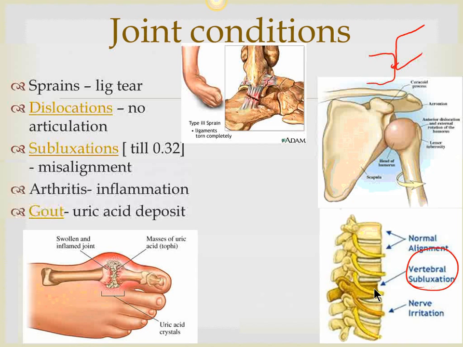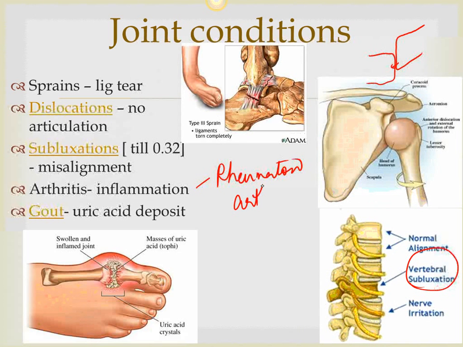And we saw right now, anything to do with joints, we use the word arthro, like diarthrotic joints, synarthrotic, amphiarthrotic. So whenever there is inflammation, we use the word itis. So inflammation of a joint is called arthritis. There are different types of arthritis, you may have heard of RA, rheumatoid arthritis.